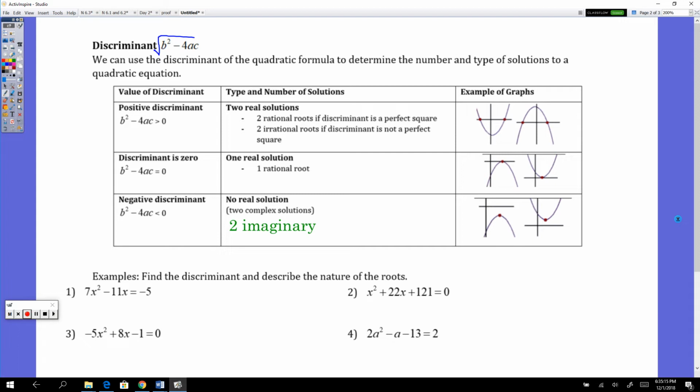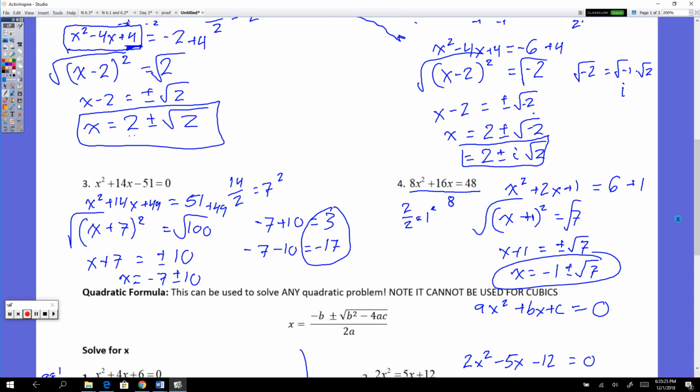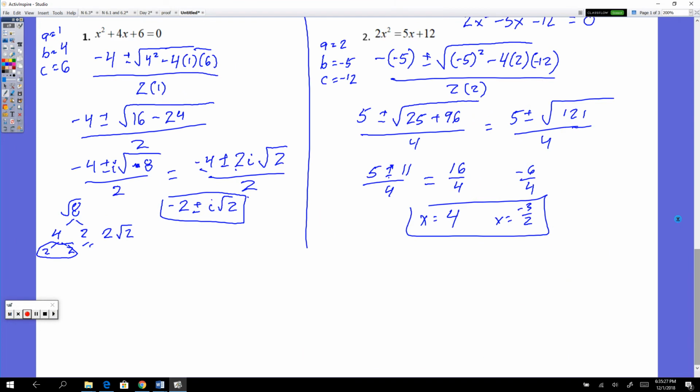So there's essentially three situations that can occur when I do b squared minus 4ac. We actually saw two of them on the front of the worksheet. If you look here, on this problem, we ended up getting a negative number. We got -8 in the discriminant, and on this problem we got positive 121 as our discriminant.